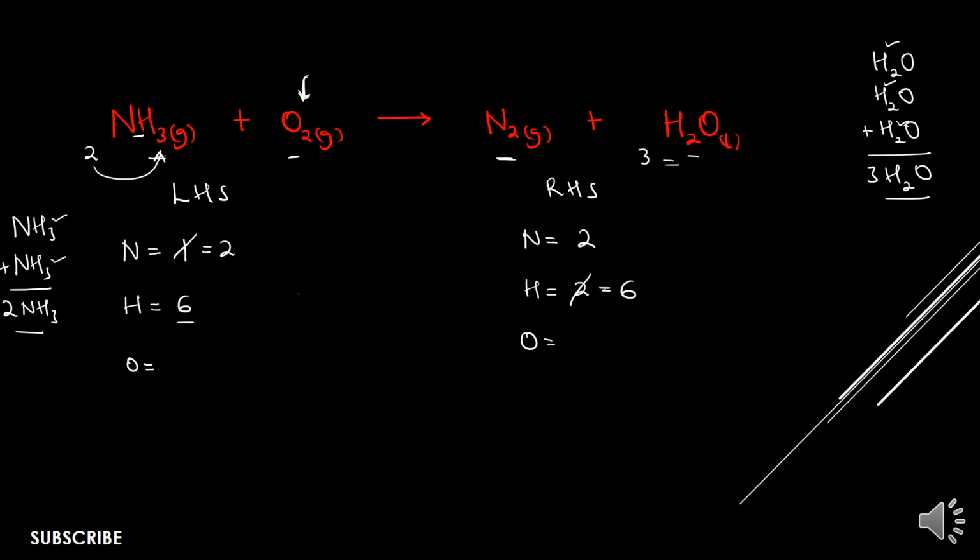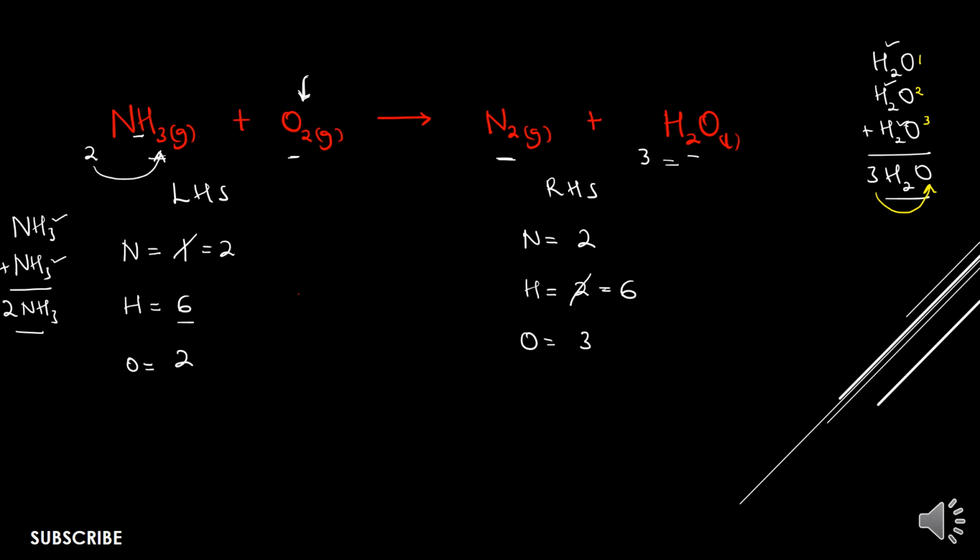So I'm now left with only oxygen. Now oxygen, on our left hand side, we have 2 atoms. But on our right hand side, we have 3. I hope you can all see the 3 oxygen atoms. This is 1, this is 2, and that is 3. Or we can see it from this directly, 3 oxygen atoms.